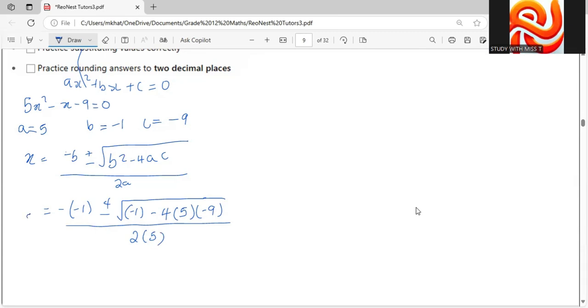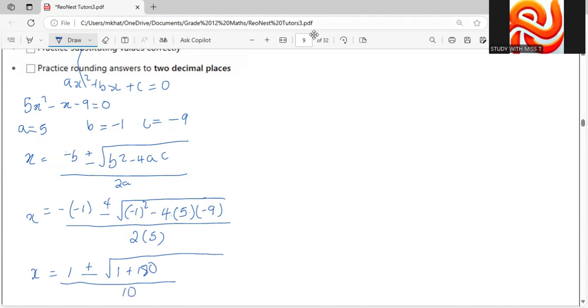So in this case, x is now +1, because negative times negative is 1, plus or minus the square root of -1 squared is 1, minus 4 times 5 times -9 is +180, all over 10.